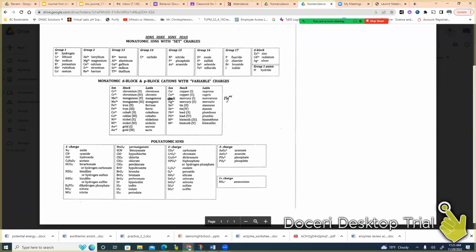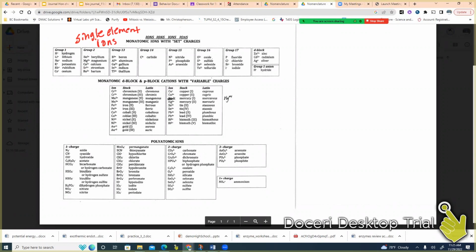All right, so there's a few sections, if you notice, up here at the top. All of these are single element ions. And what I mean by that, like it's lithium ion or magnesium ion, just one element, as opposed to the polyatomic ions.